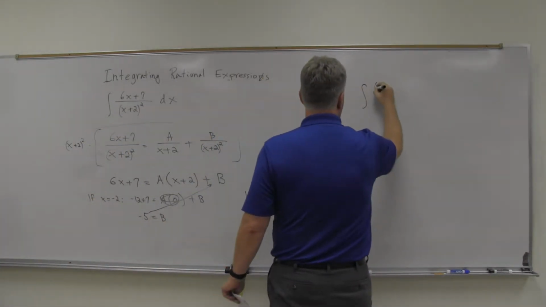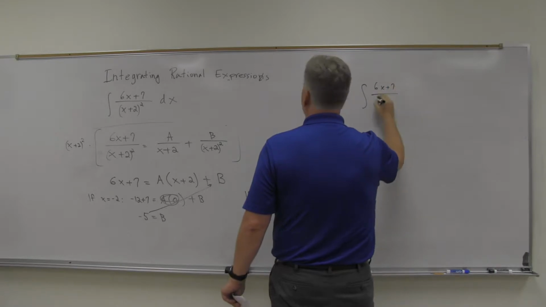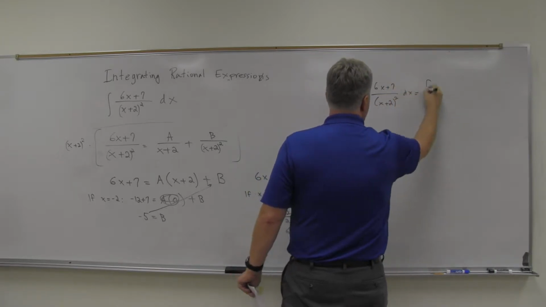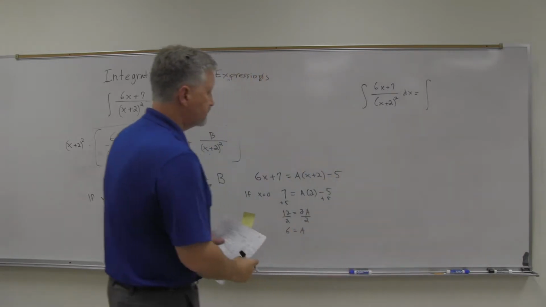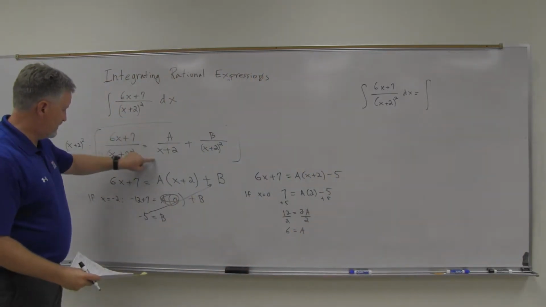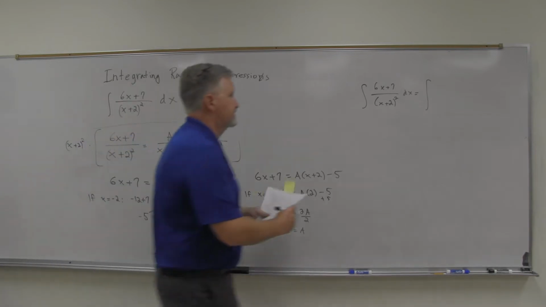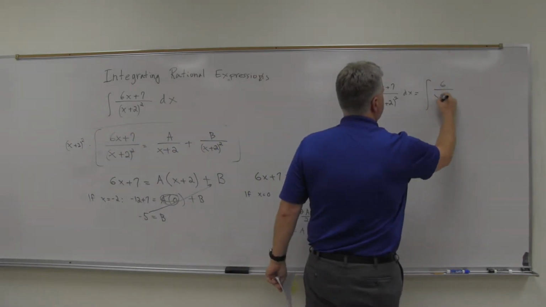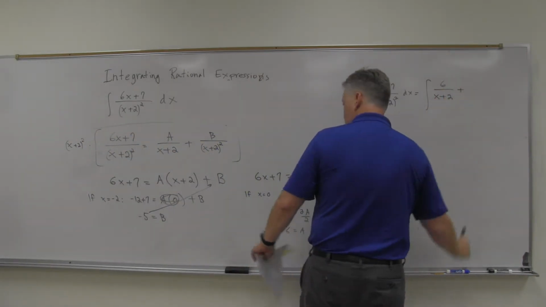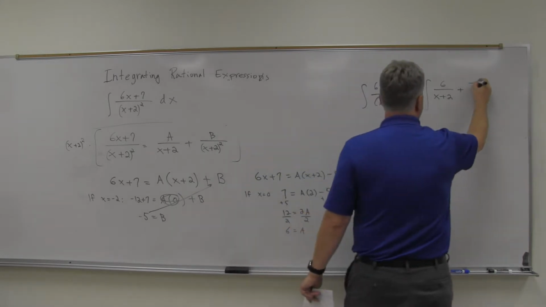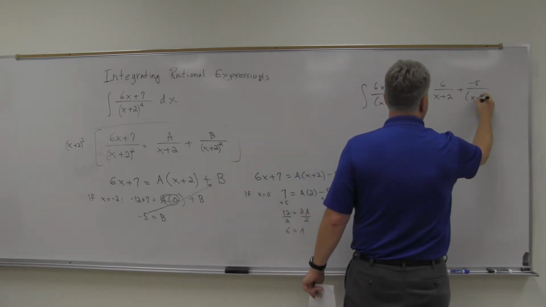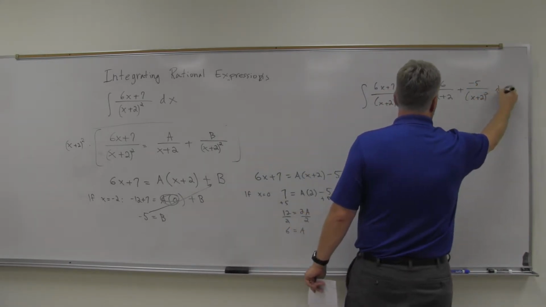All right, so we've got 6x plus 7 over x plus 2 squared. So now we can rewrite this integral as a over x plus 2, so it'd be 6 over x plus 2, plus negative 5 over x plus 2 squared.